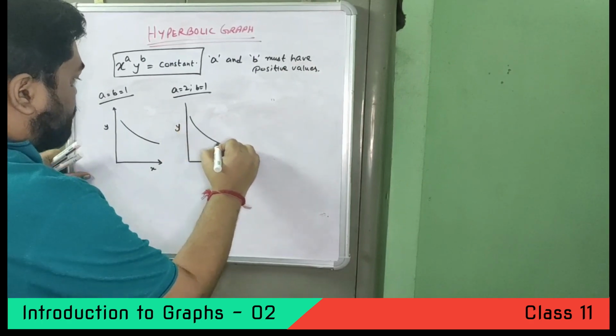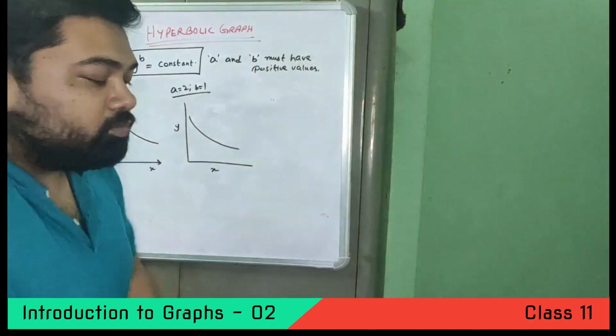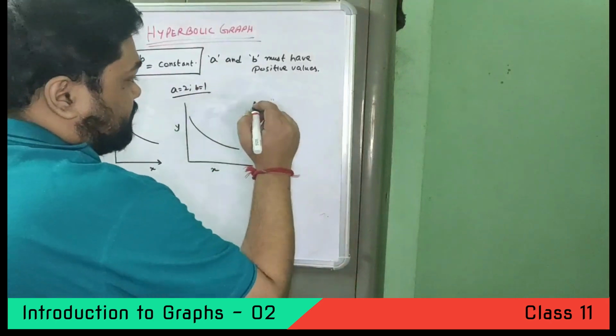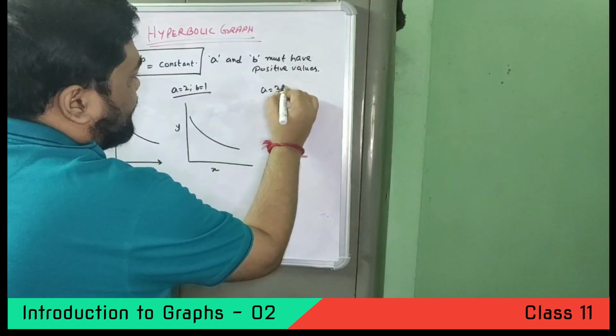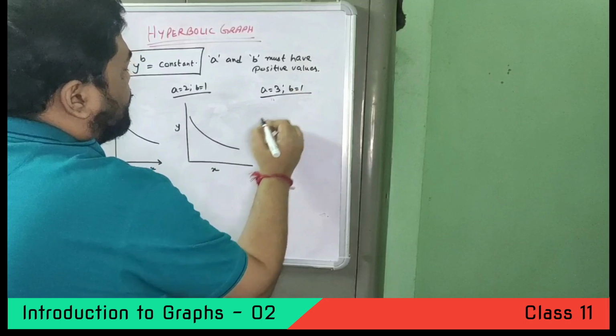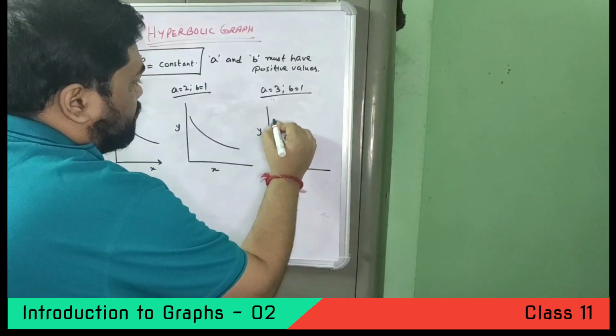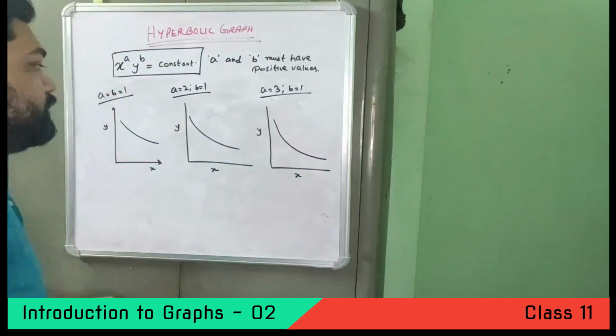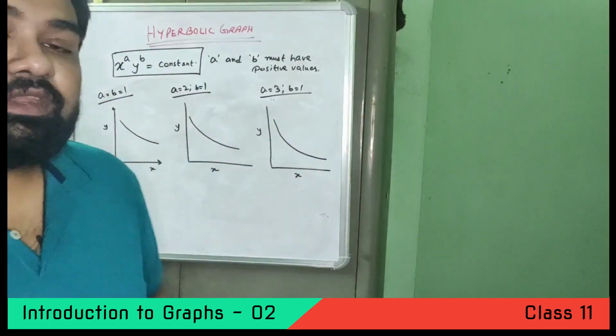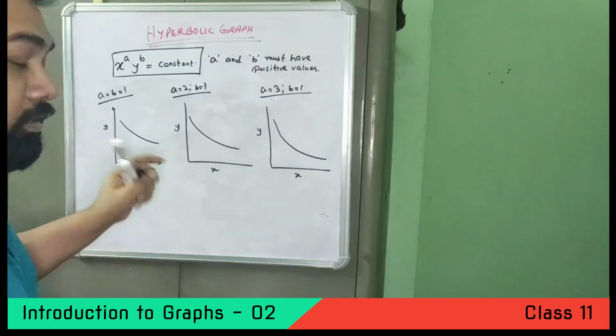We have got a steeper graph, that means a steeper slope, and for a equal to 3, b equal to 1, we have got a much steeper curve. So these are the three types of graphs, right?